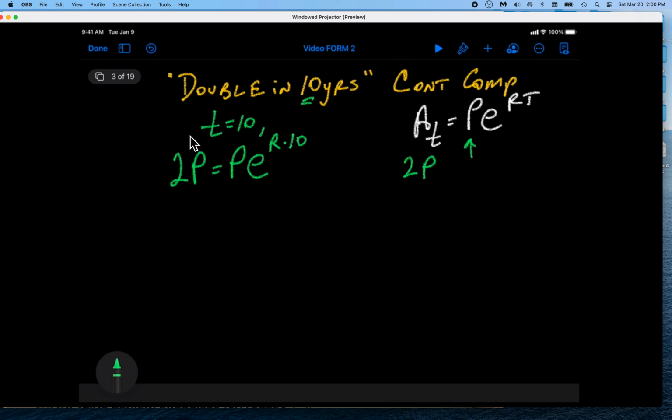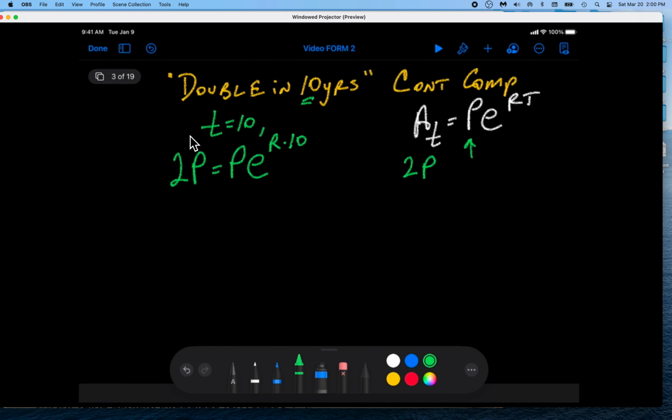Look what happens. We go from all of these variables. Let's put a little asterisk by what we know. e is a constant, 2.71. The time, they tell us, is 10. But we don't know what r is. We don't know what p is.